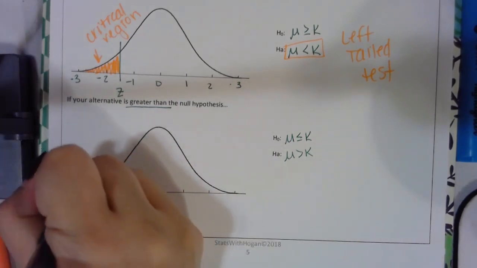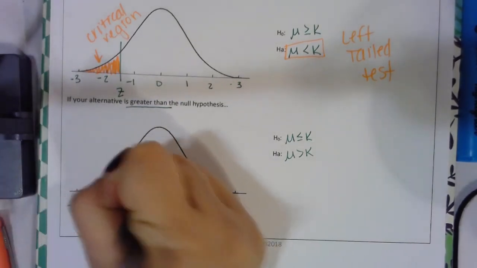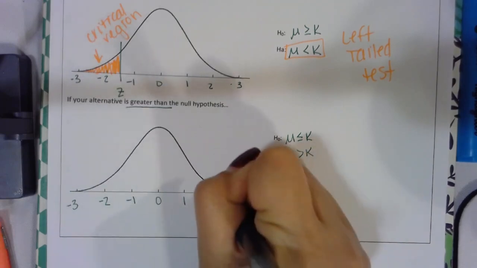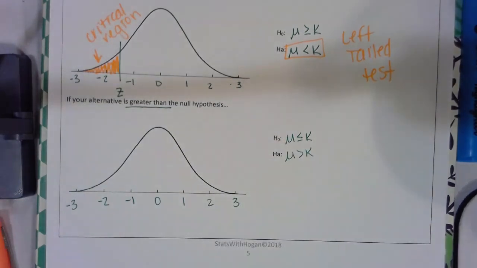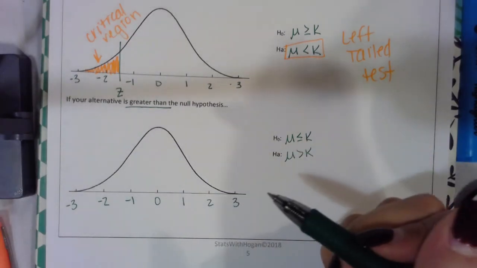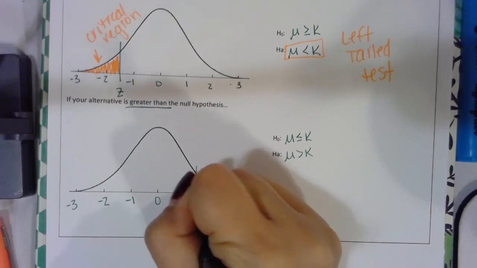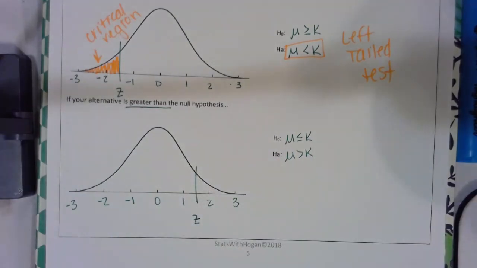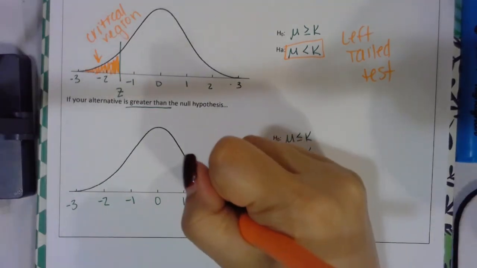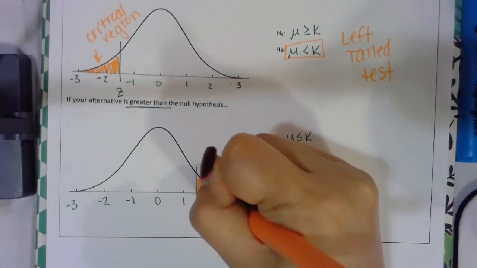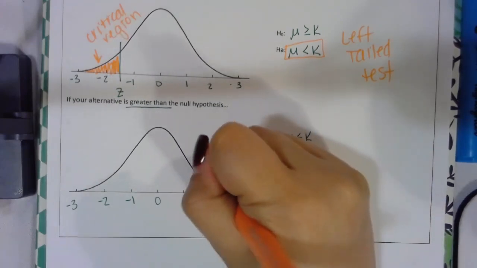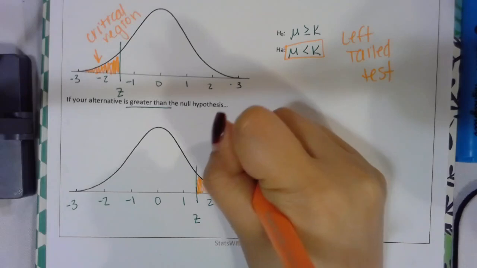Alright, again, labeling this -3, -2, -1, 0, 1, 2, 3. Since we're greater than, we're going to be on the right side. And we're going to shade the right side because we're going to shade the side that's greater than this line. And again, this is our critical region.